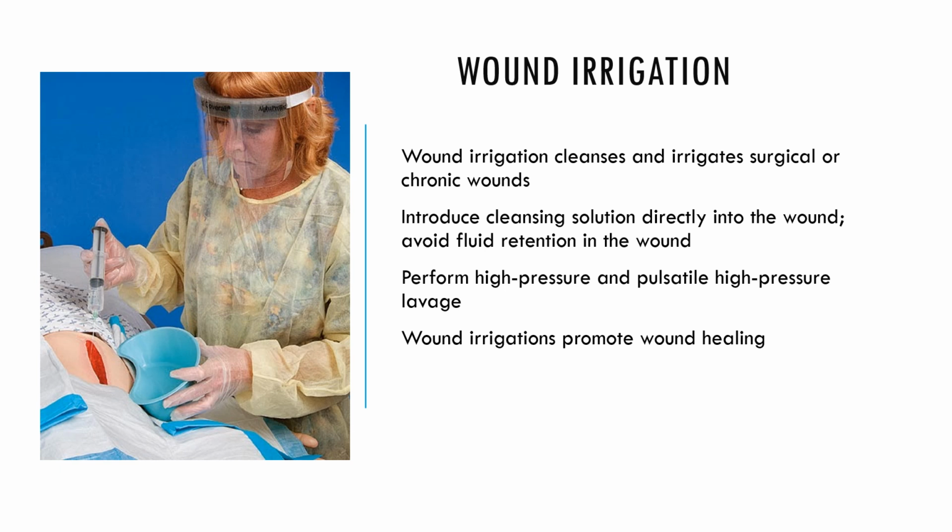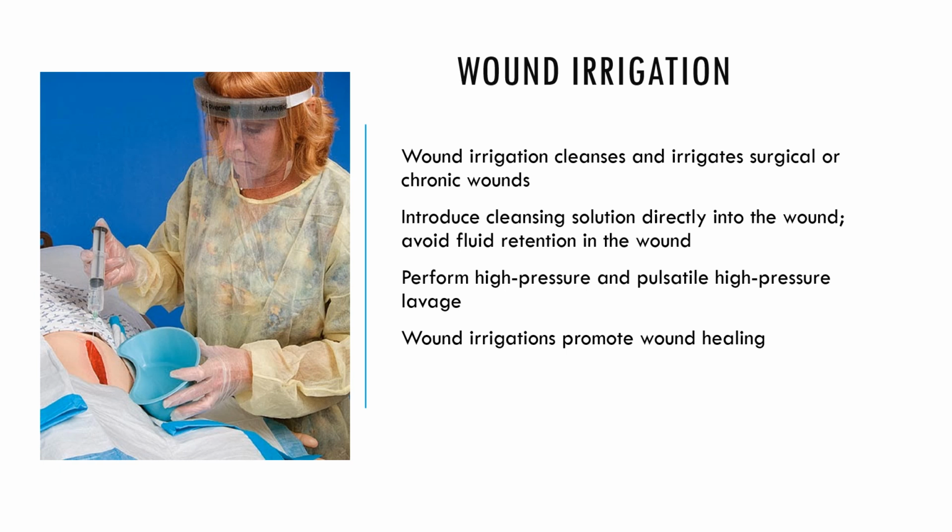Normal saline is the most frequently used irrigant, but a physician may order different solutions as well based on the wound assessment. And pressure is the key to effective irrigation. Too little pressure will fail to remove the surface bacteria, which may lead to wound infection, but too much pressure can actually force surface bacteria into the wound bed, in addition to damaging the new granulating tissue.